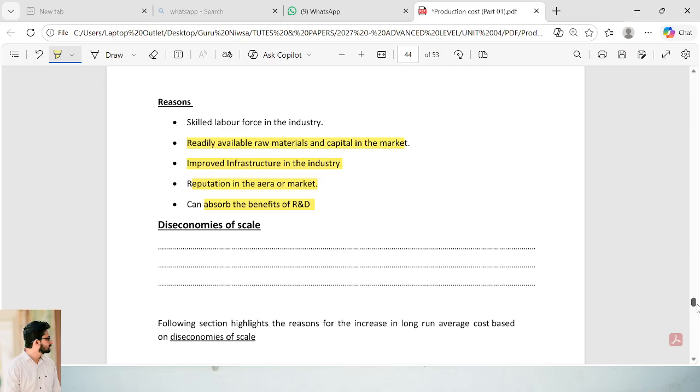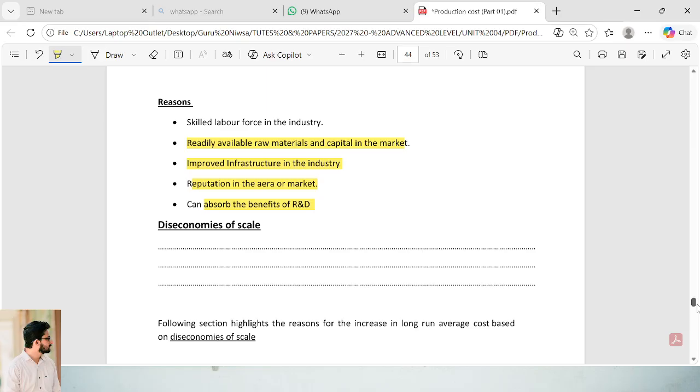Diseconomies of scale. Remember, this happens due to unbearable, or we can say too much, production capacity. Branches everywhere, 1 million workers. It's very difficult for the organization to manage. Communication problems take place, and especially bureaucracy, the decision making process becomes very complicated and takes much time.